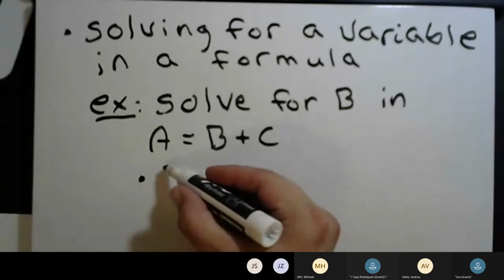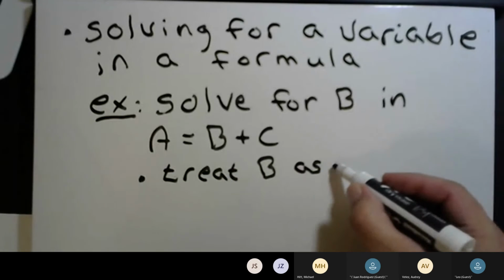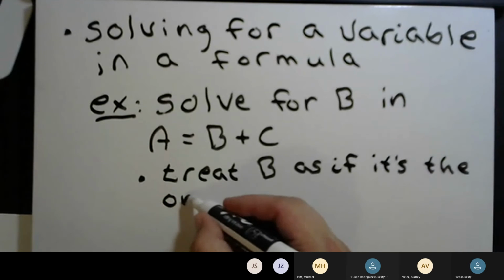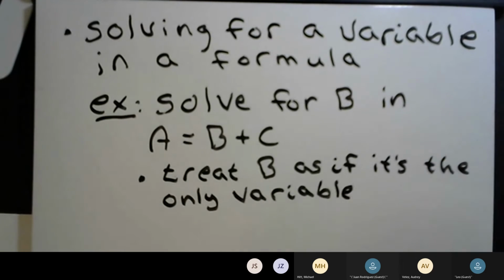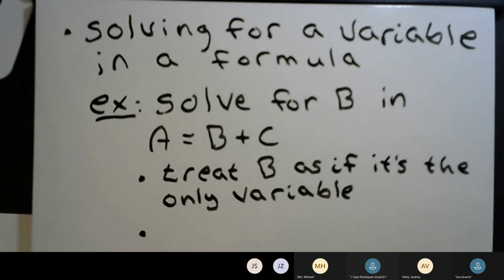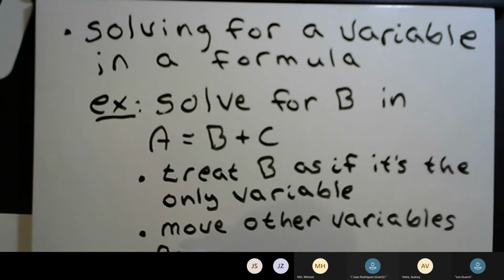Well, what we're going to do is we'll treat B as if it's the only variable, and we'll move the other variables as if they are numbers.